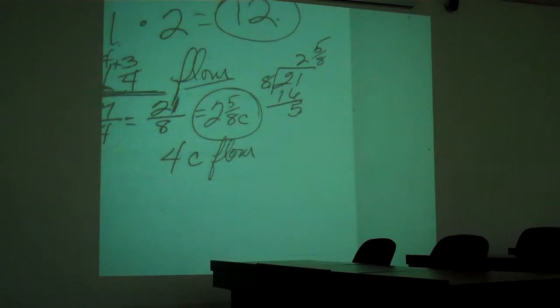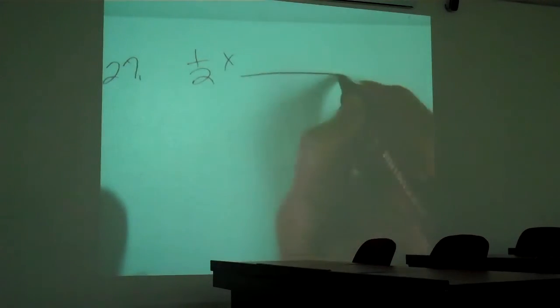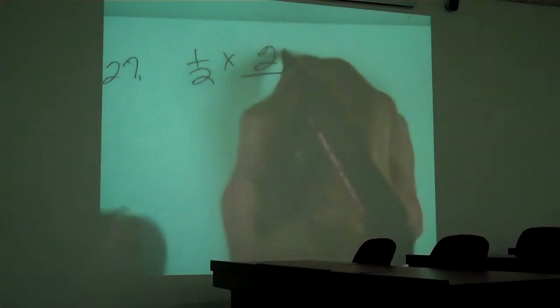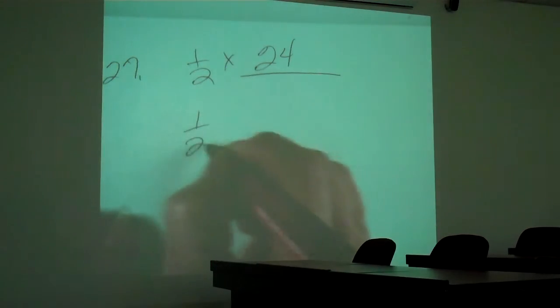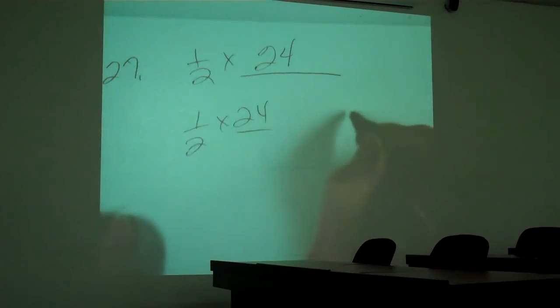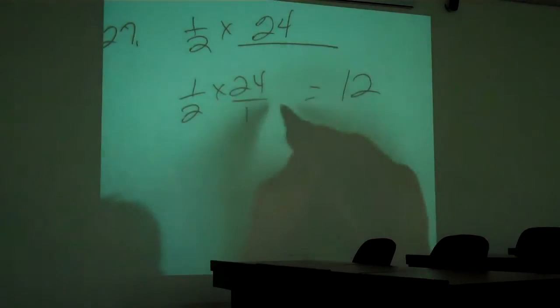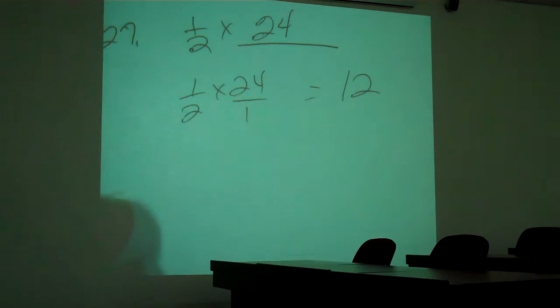On the 27 and 28, they have like half of the recipe for number 27. It says half the recipe. You're going to do half times what you need. If it was 24 or something, it would be 1/2 times 24, which is 12, like that. You could divide it by 2, or you could do 1/2 times it.